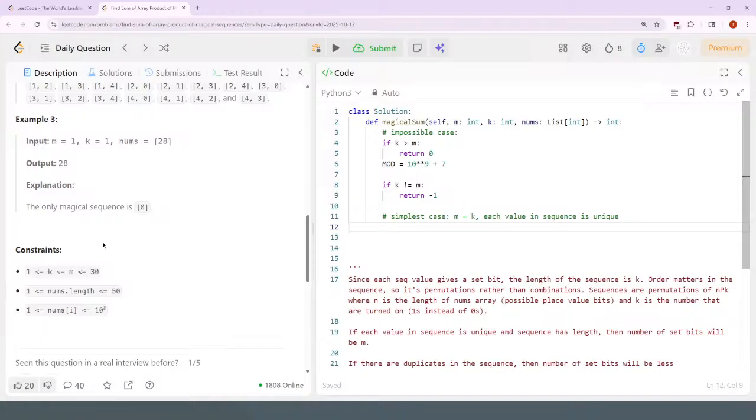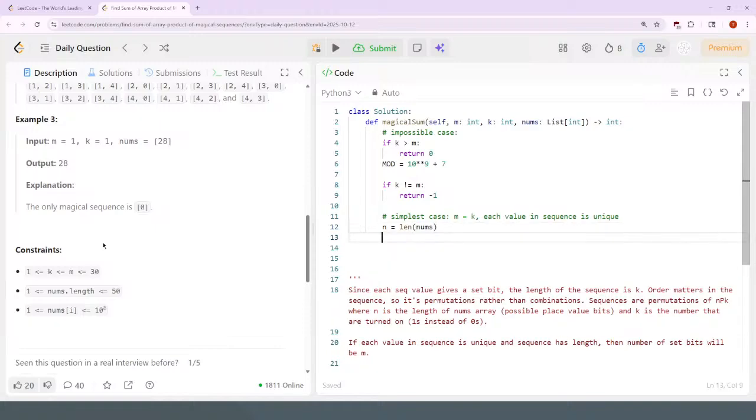So n could be up to 50. So this could be 50 permute 30. That's a lot.